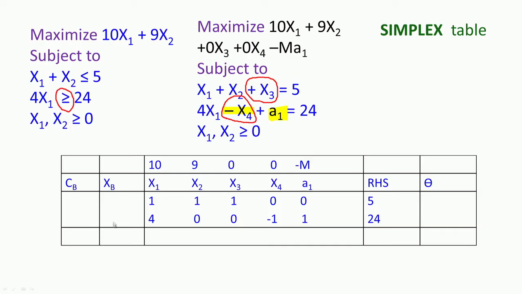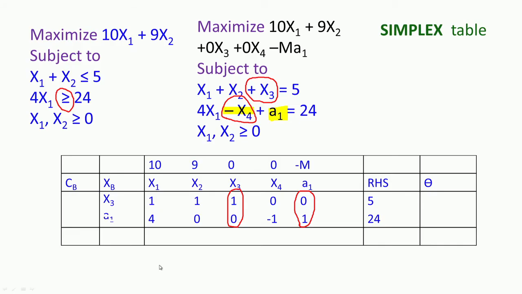So, we write the two basic variables. Now, we realize that we can start the simplex with x3 and a1. Now, x3 and a1 put together actually have the identity matrix. In this particular example, x2 and a1 also can give us the identity matrix, but we start with x3 and a1 to be consistent, so that if there is a slack variable, we start with the slack variable.